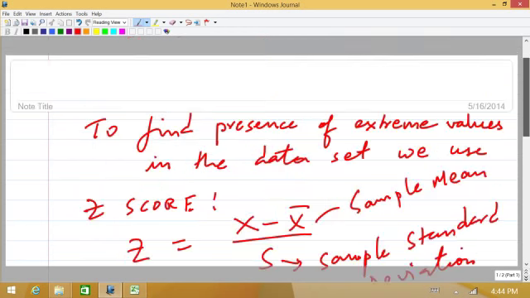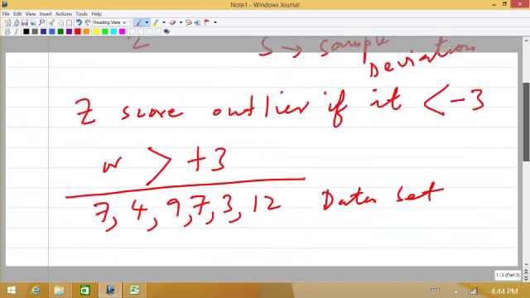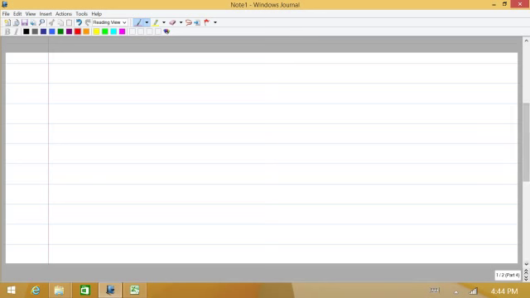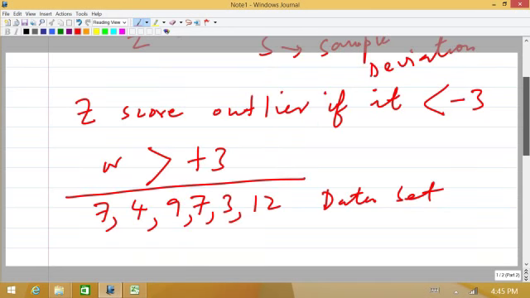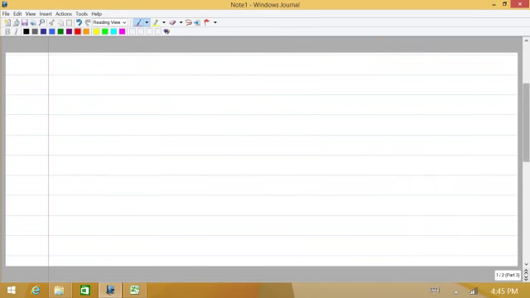The next thing we're going to talk about would be quartiles. But before we do that, let me say a couple of things about z-score and how we can determine the shape of the data by looking at mean and median and so forth.